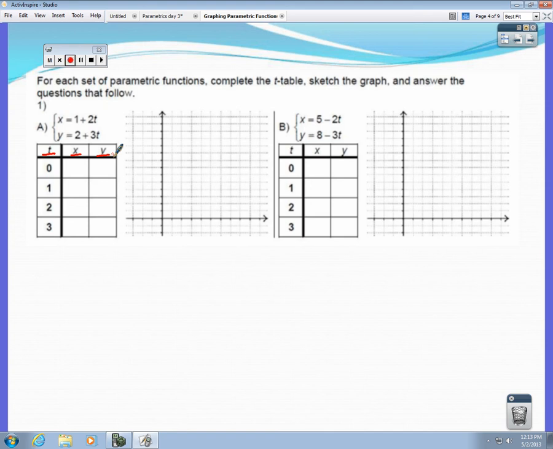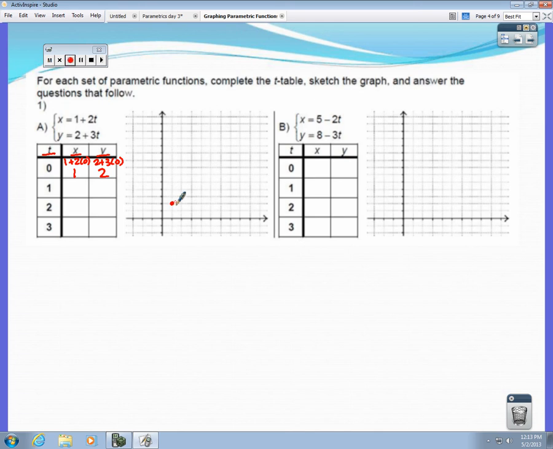To get our values, we are simply going to plug the 0 into the t value for both equations. So for the first one, we would do 1 plus 2 times 0, which is 1. To get the y, we'll plug 0 into the y, so 2 plus 3 times 0, which is 2. So I'm going to graph the point (1, 2).